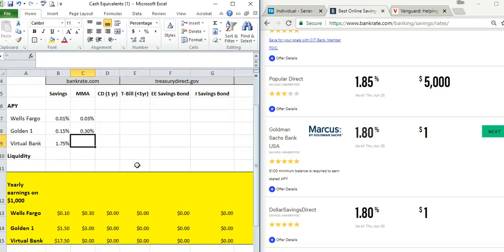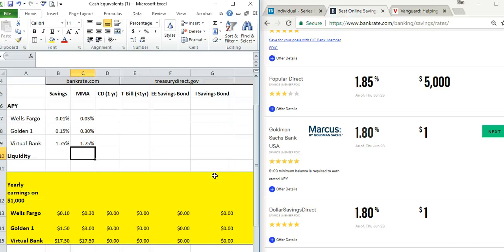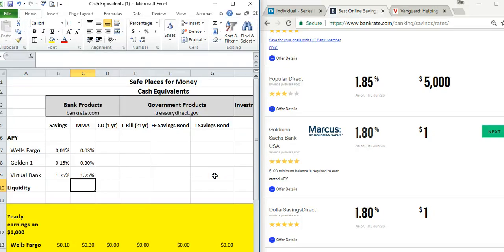So that will give you then $3. And then a virtual bank is going to be about the same. It's still going to be 1.75% because there's really no difference between a money market and a savings account at a virtual bank. The rates are still going to be significantly higher than anything at a local bank.